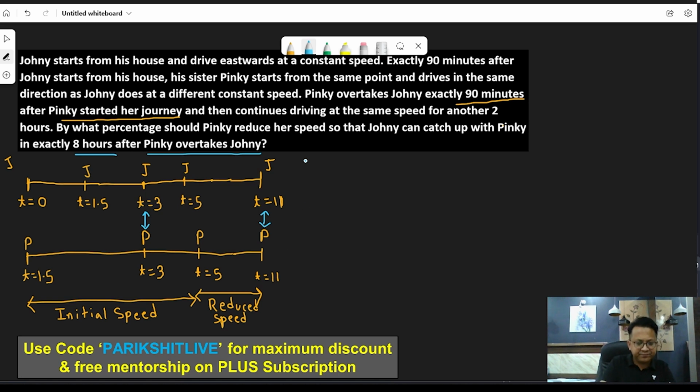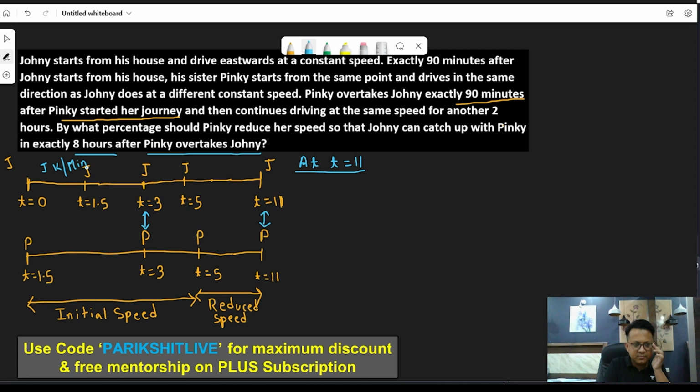Let's try to frame some equations and get the answer. So let's start. At t is equal to 11 hours, let's say Johnny's speed be J kilometers per minute, or meters, whatever you call it, J units per minute.